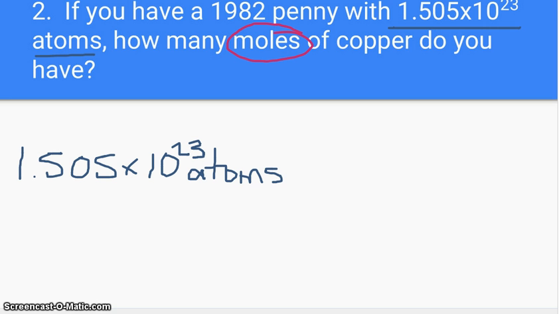This is a unit of measurement. We'll talk more about this later in the year. But our conversion factor for moles is that 1 mole is equal to 6.02 times 10 to the 23rd, and that's for atoms. So there's our conversion factor.